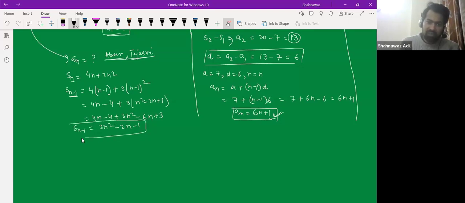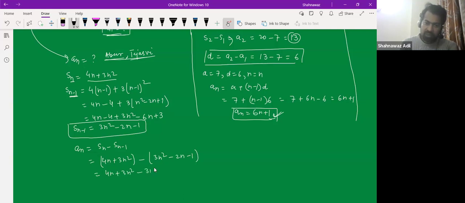Now we need to subtract this from Sn. So An is Sn minus Sn minus 1. Sn is this, and minus of this. So this would be 4n plus 3n squared minus 3n squared plus 2n plus 1.